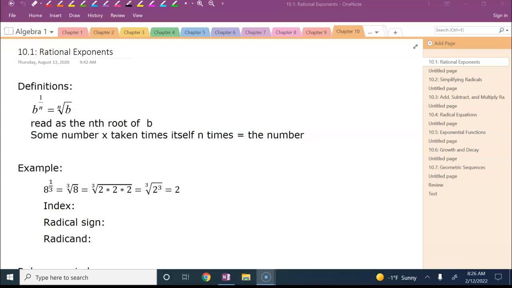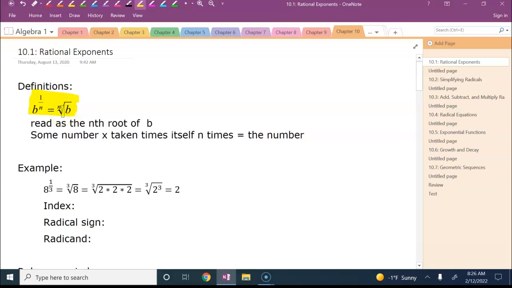So when you have a number raised to any power, you can rewrite that as something underneath a root sign. And so when I'm looking at something that looks like this, it's telling me that if I have a number or a letter raised to 1 over n, that's the same thing as finding the root of that number, and n could be anything.